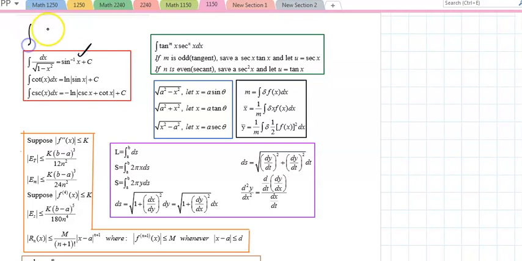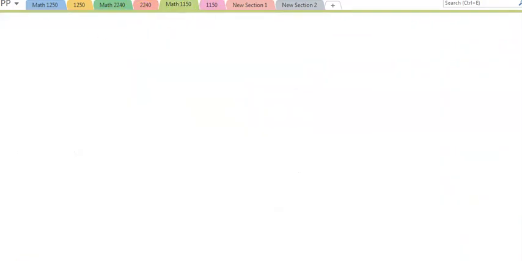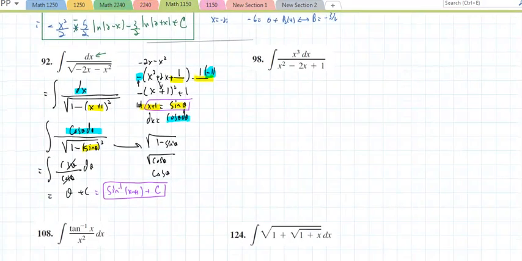So what do you suppose the integral of dx over the square root of 1 minus (x plus 1) squared would equal? So you really should avoid doing that if you could, but if not, there it is. You could do it the long way. But if you could recognize it, then you should.